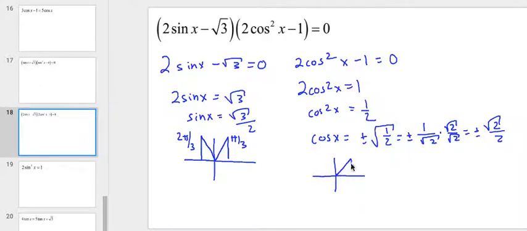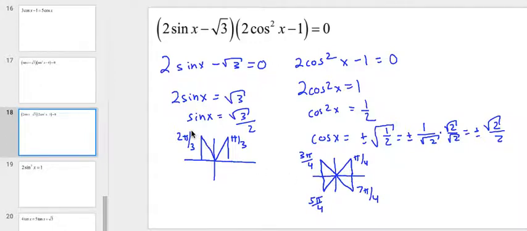So here are the two angles where cosine is positive. So pi over 4 and 7 pi over 4. And then here are the two angles where cosine x would be negative root 2 over 2. And those would be at 3 pi over 4 and 5 pi over 4.